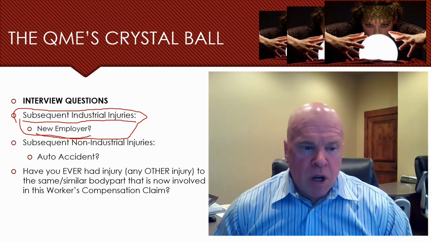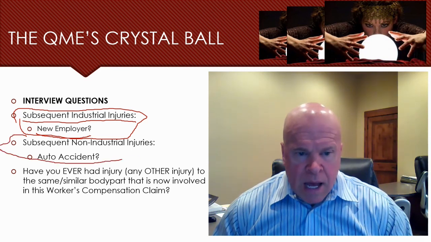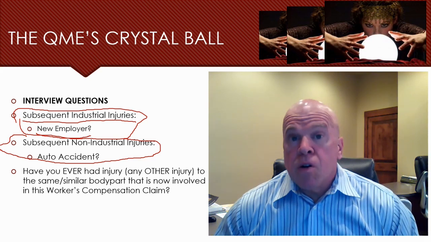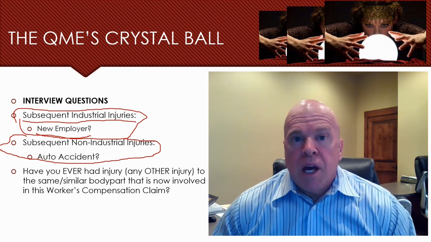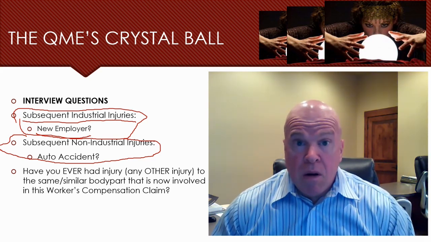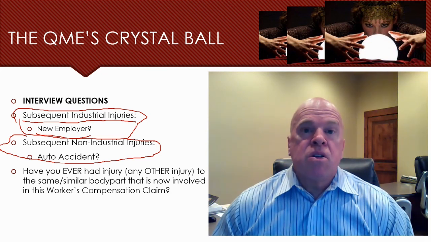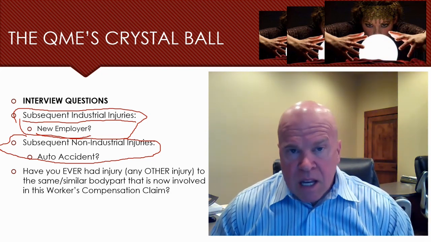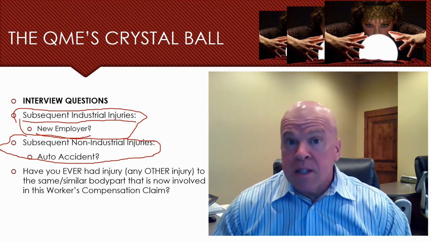And then also you're going to pursue subsequent non-industrial injuries after the date of the current industrial injury, pursuing questions about ongoing sporting activities, home duties, whether or not the examinee has been involved in any auto accidents.